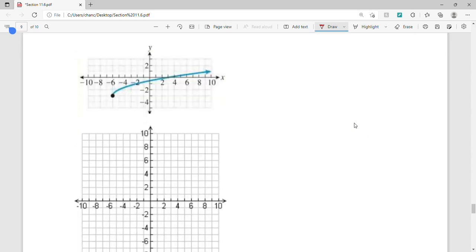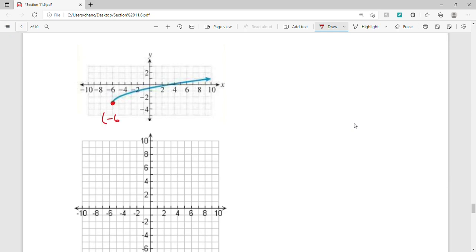This is a square root function. And to find the inverse, we start by looking at this point. This is the point -6, -3. This looks like the point -5, -2. And the last one here looks like a good point.